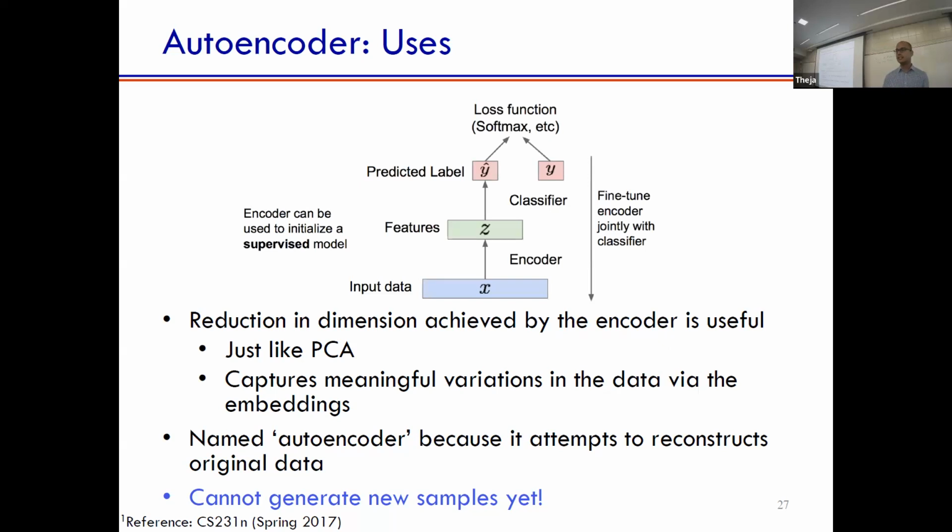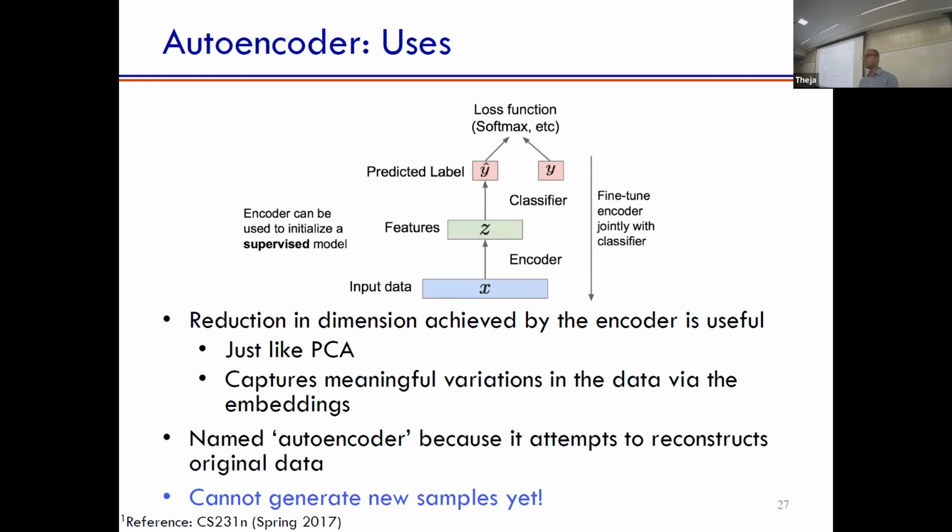And in general, as I said, you can't really sample objects once you learn the encoder and decoder. It's not like you can now specify a Z and then generate an image, and as you slightly vary Z, say if it's a cat, you get some other cat-like image.